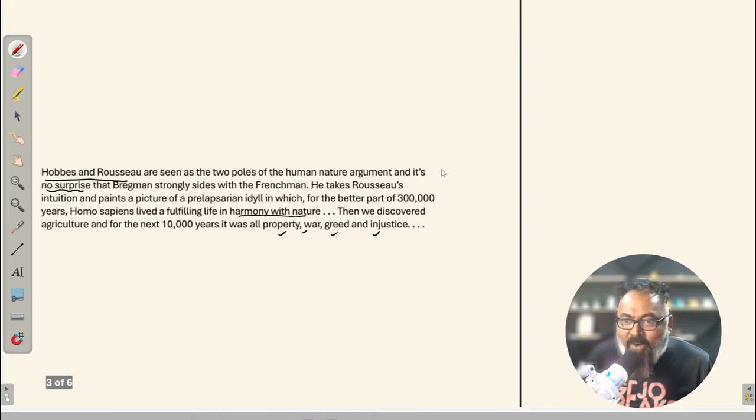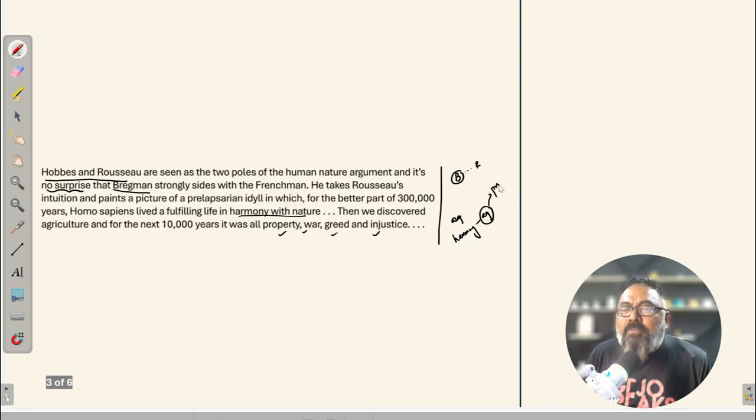What's happening is that we are still with Bregman's view, siding with Rousseau. But Rousseau is a side character now because we are focusing on Bregman. Bregman's view is that pre-agriculture, harmony; agriculture happened, problems.